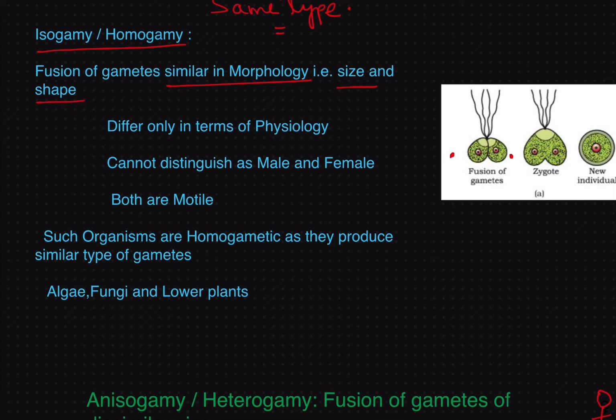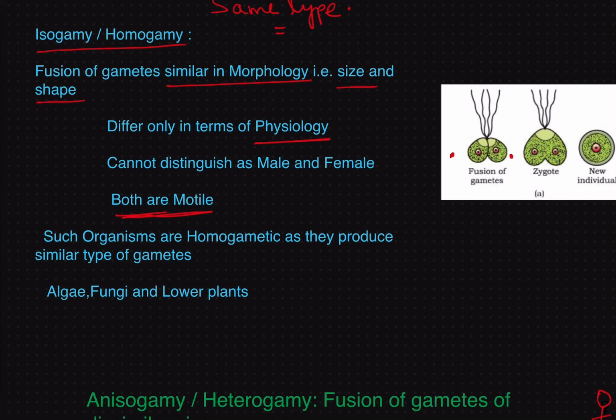Then how are they different from each other? They are different from each other only in terms of physiology. And because they have flagellum, both are motile in nature, right? So, isogamy is the kind of fusion in which both the male and female gametes are similar in terms of their morphology, that is their size and shape, but they differ only in terms of their physiology.